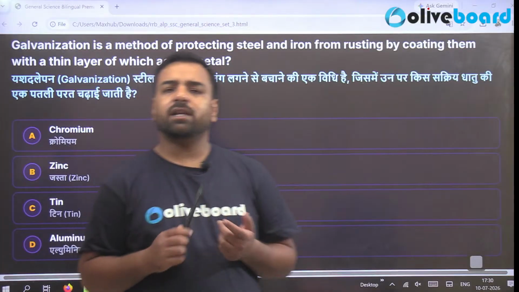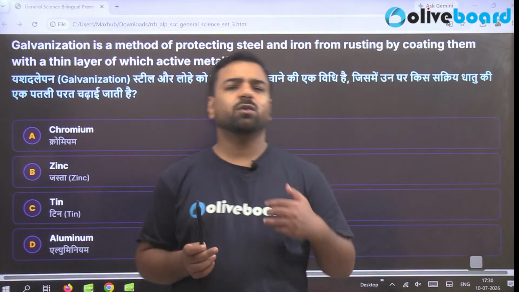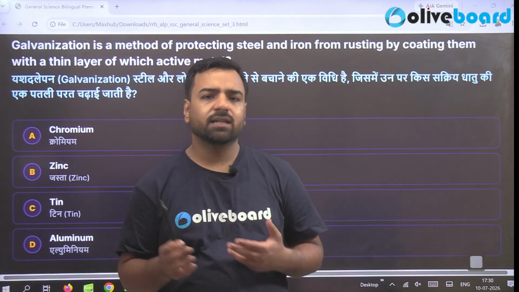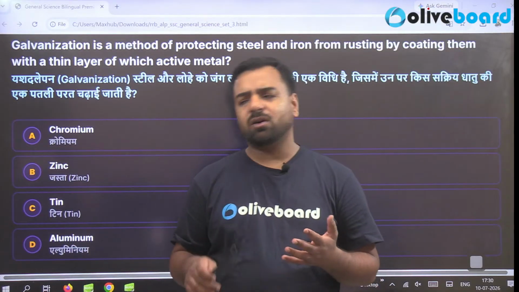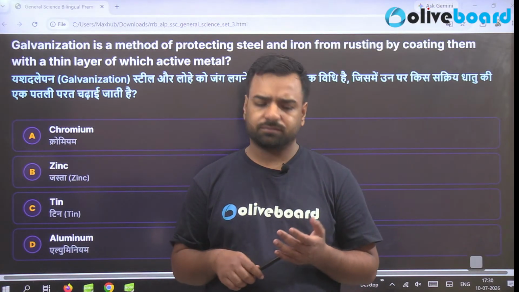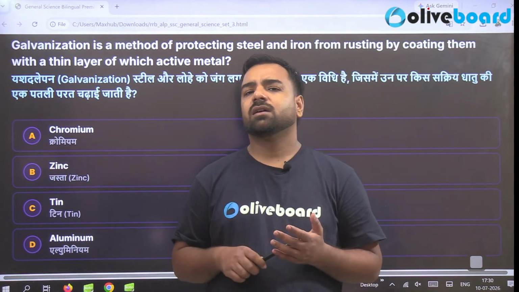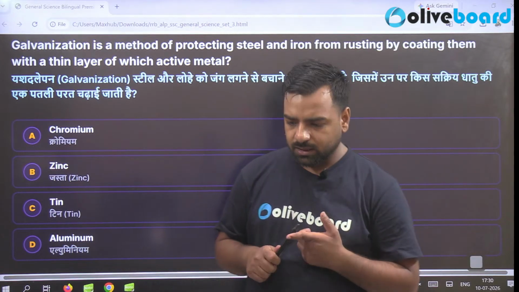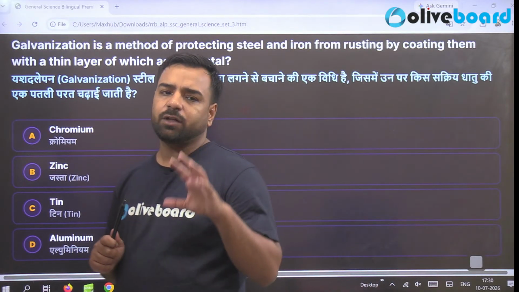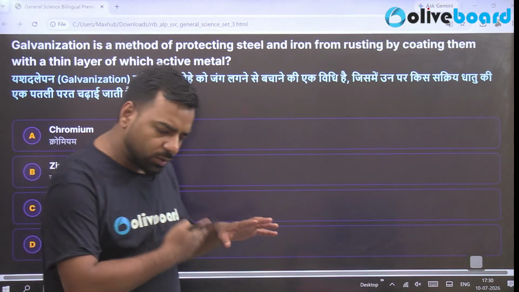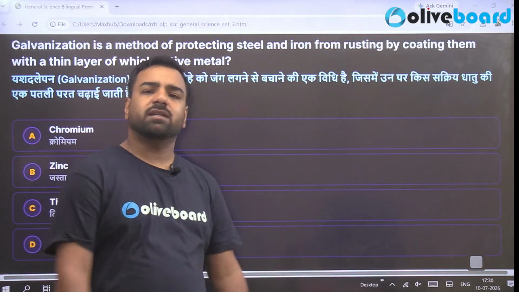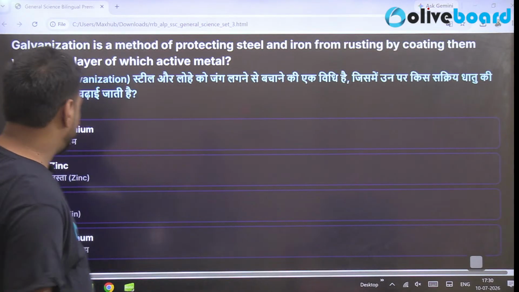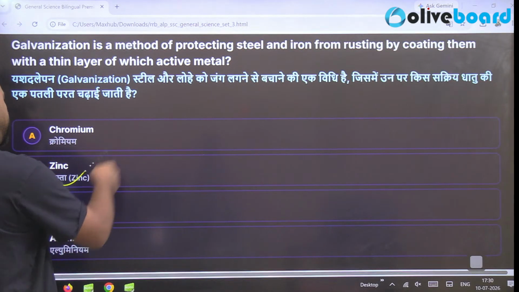In order to prevent iron from rusting, we have several methods. We can go for oiling, we can go for greasing. Oiling, greasing, painting, all these are different methods by which we can prevent iron from rusting. But here you must remember we're talking about the galvanization process in which the coating of zinc is done, which prevents iron from rusting. So what is the answer? Zinc. That is option B, the correct answer.